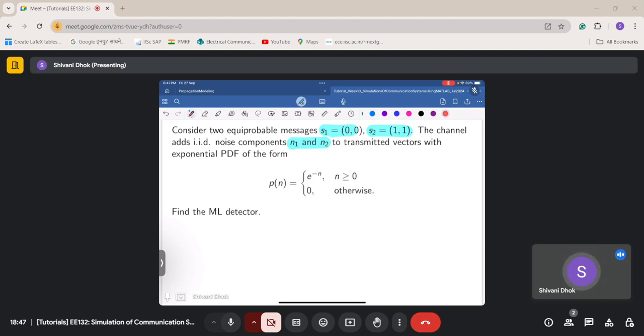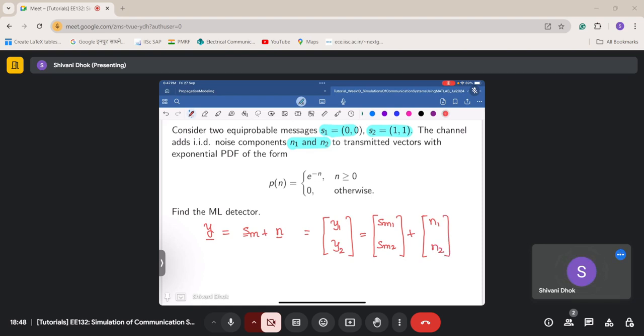So what happens is we have Y equal to Sm plus N bar. This we can write in vector form, that is Y1, Y2 equal to Sm1, Sm2 plus N1, N2.